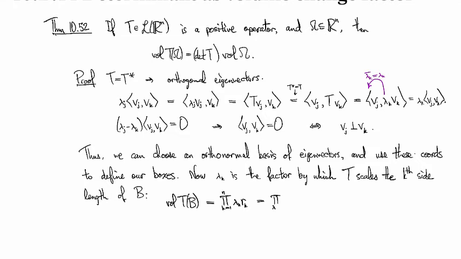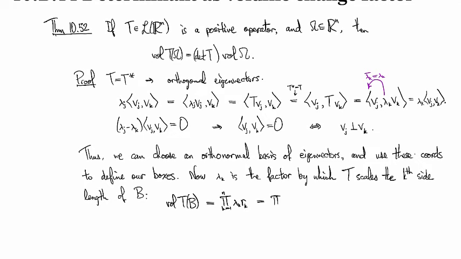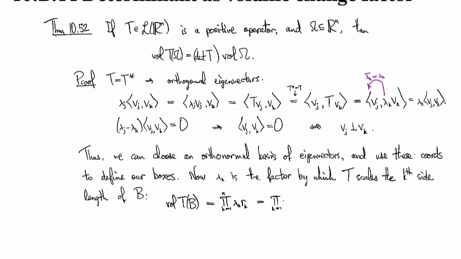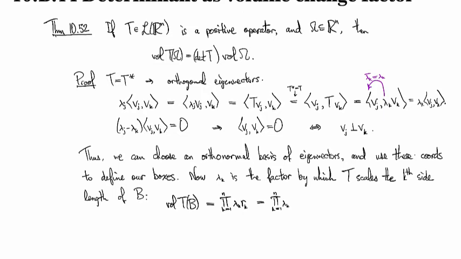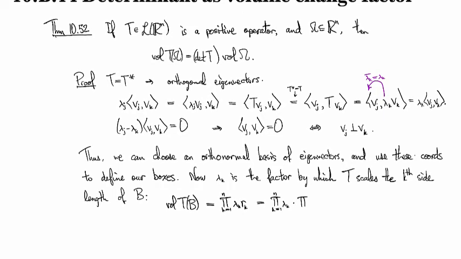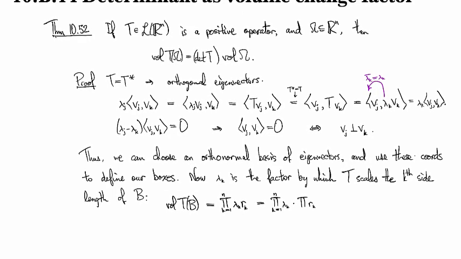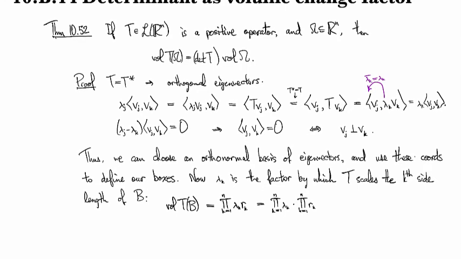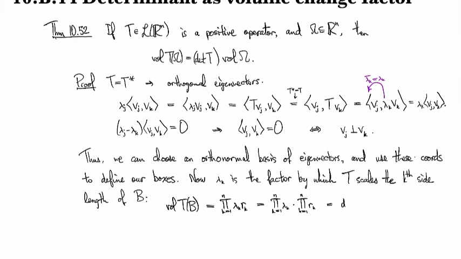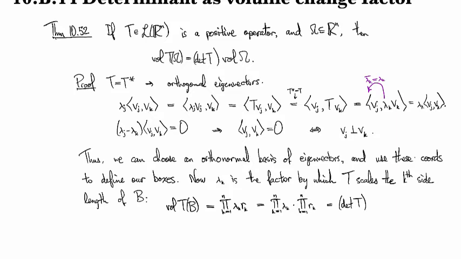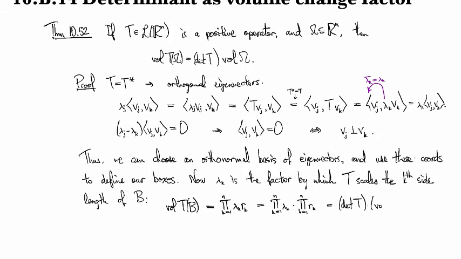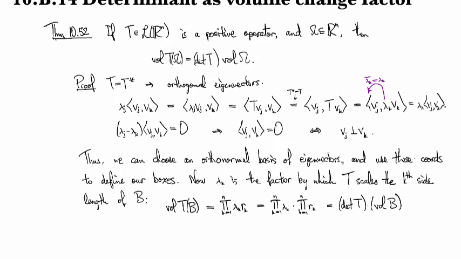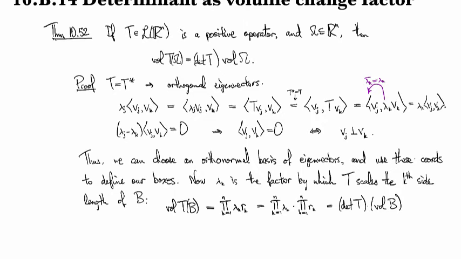So we can pull all the lambdas out front and then have all the radii, like so. And then that's just, well, the first part is the determinant of T and the second part is the volume of the original box B before applying the transformation.